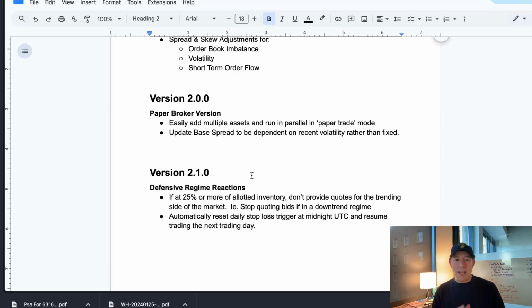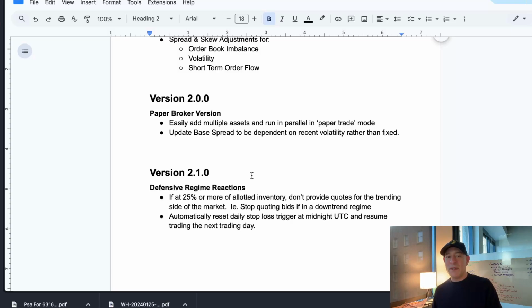So basically what I did was I said in this new 2.1 version, okay, if we're at 25% of our max inventory that we're allowed to carry in this strategy, so not really a whole lot of inventory, if we're already at 25%, don't quote that side of the market anymore.